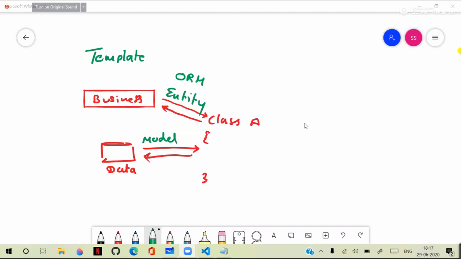Because many people call a class a model, an entity, and a blueprint. So the class is called a blueprint when it is used for creating similar types of objects.